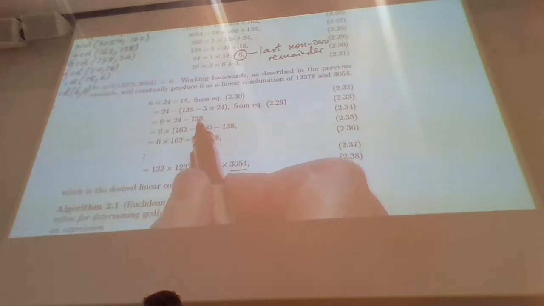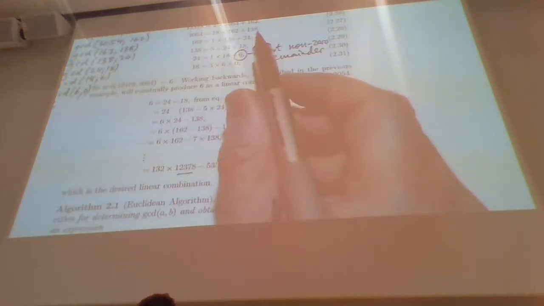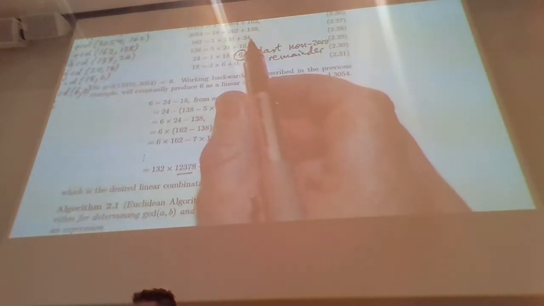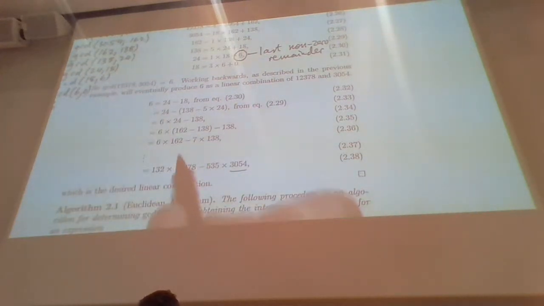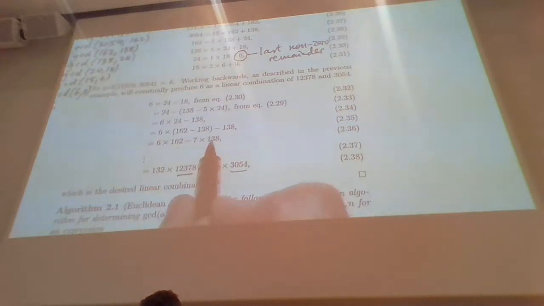Then the equation before that will allow you to get rid of 24. You use that to substitute for 24. Now you've got the GCD as a linear combination of 162 and 138.